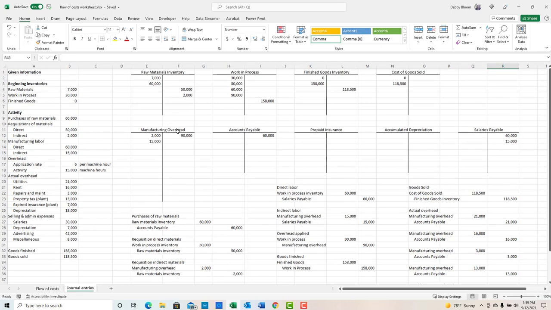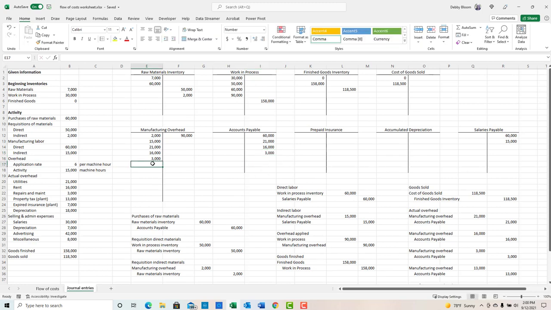So I'm just going to post those journal entries. So for the utilities, manufacturing overhead, and accounts payable. For the rent, manufacturing overhead, and accounts payable. For the repairs and maintenance, manufacturing overhead, and accounts payable.